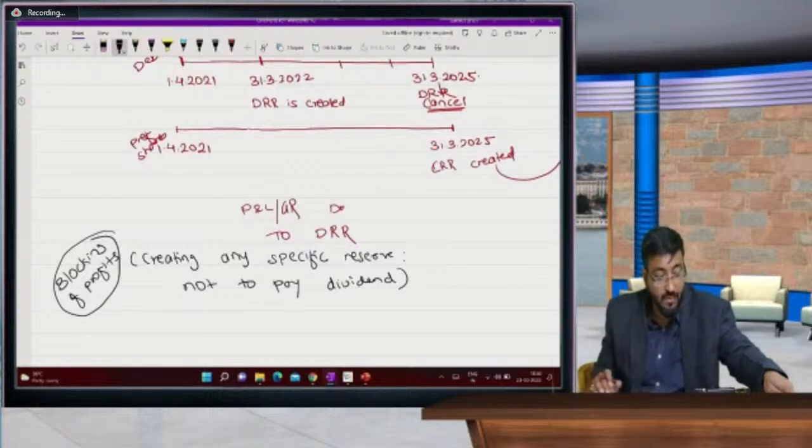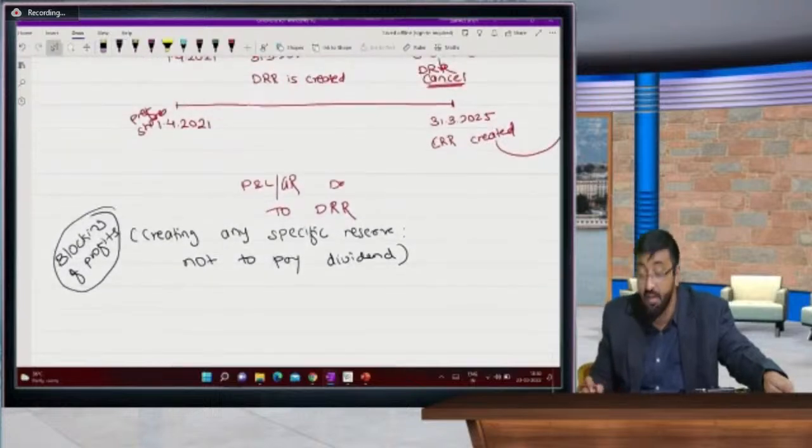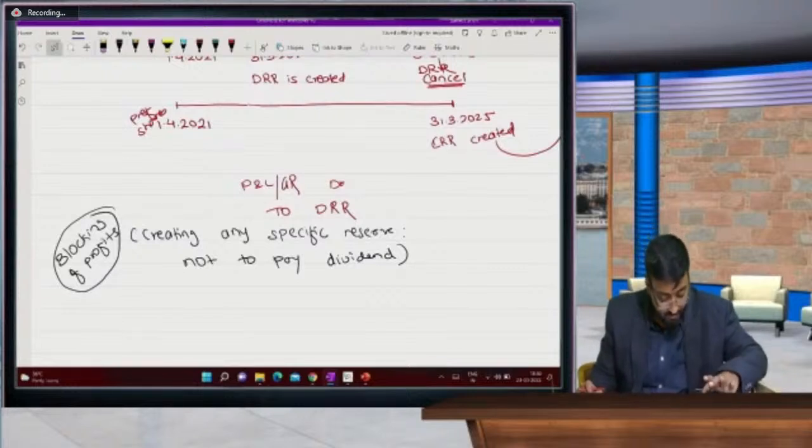So, my friends, creating any specific reserve is to not pay dividend. Understood the difference? DRR.